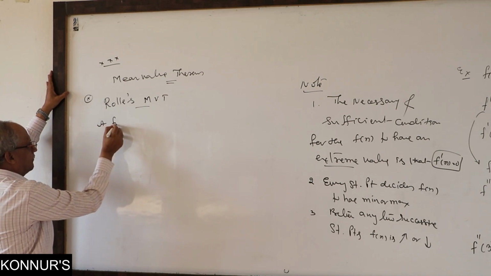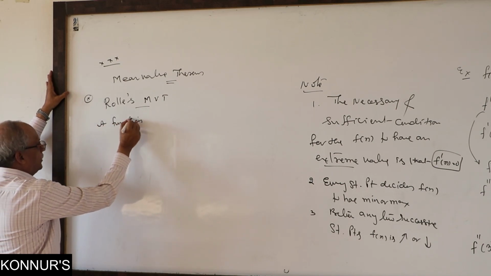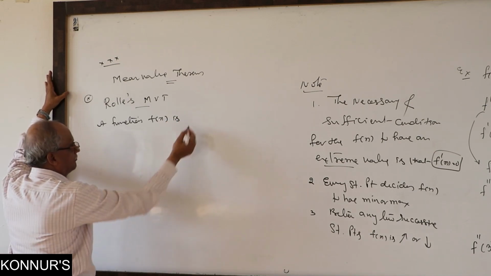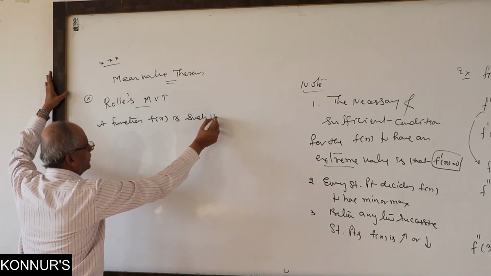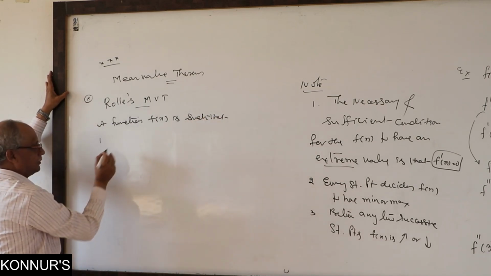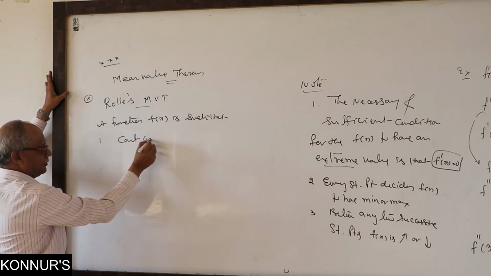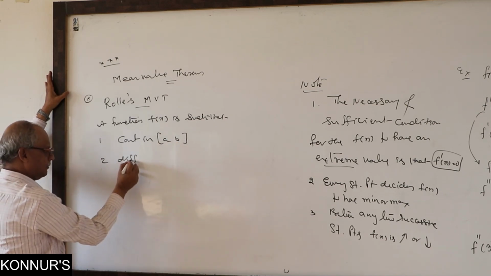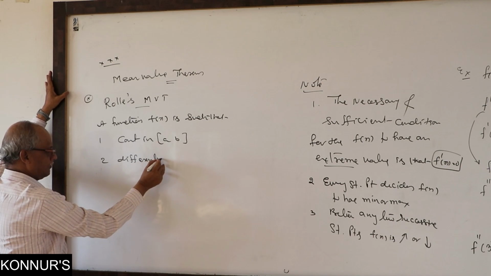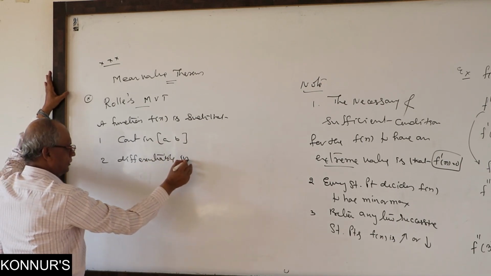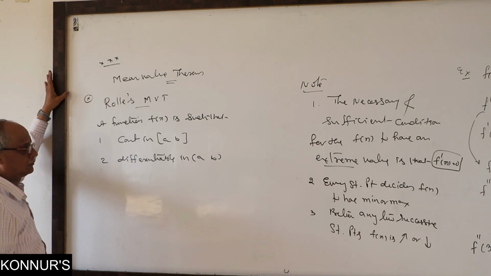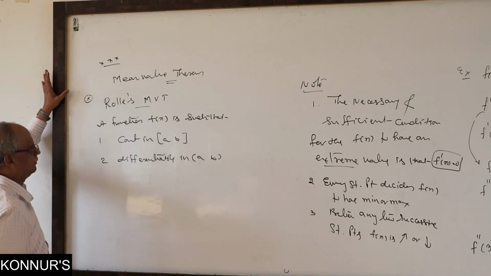A function f(x) is such that it has properties or conditions. First one, continuous, compulsorily on the closed interval [a, b]. Differentiable, understood, we need not talk, must be on the open interval. Okay, continuous, differentiable.